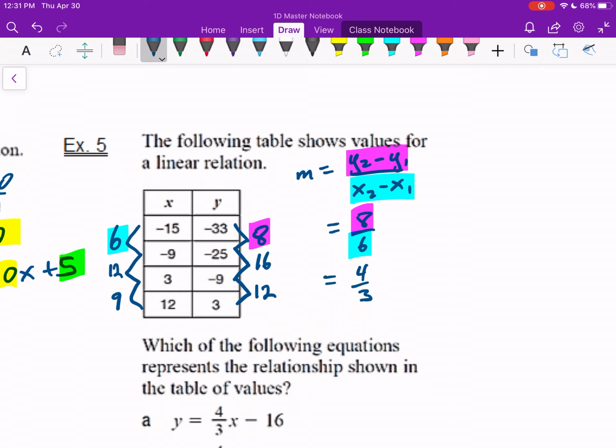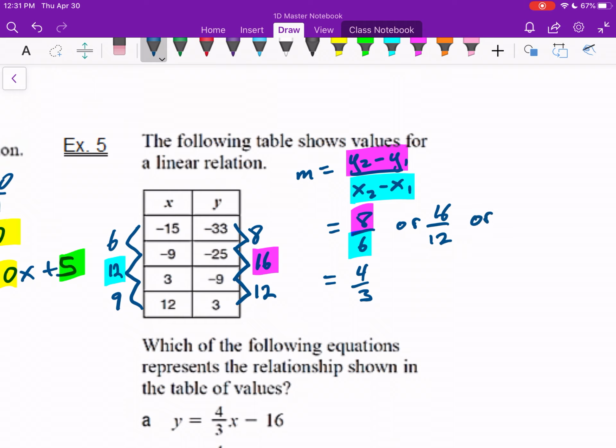But what if I took different points? What if instead of taking those first two, I took those middle two numbers? Well, it doesn't matter if it's linear, because I could have done 16 over 12, but that still reduces to 4 over 3.